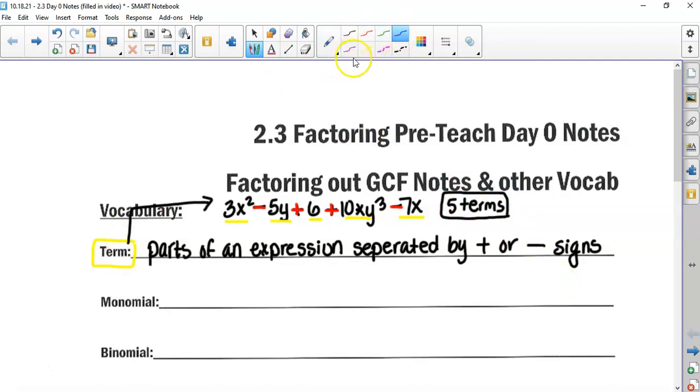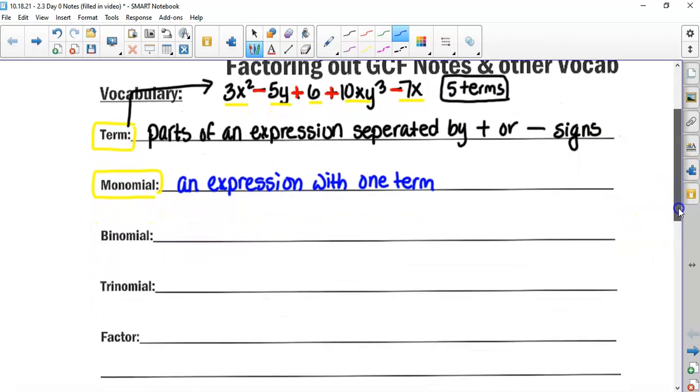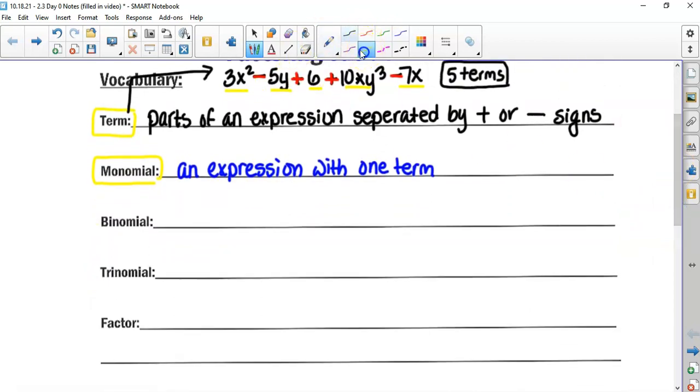A monomial, let's highlight our next definition. A monomial is an expression with one term. And we might be using some deductive reasoning for our next definition as we increase our count here.